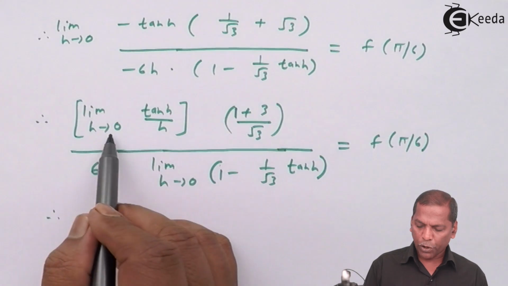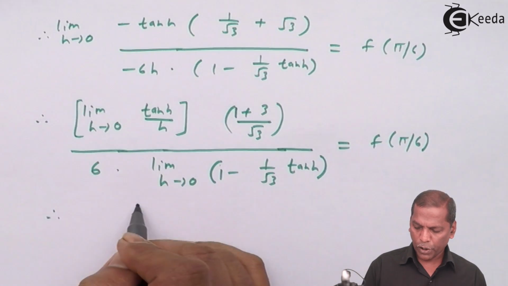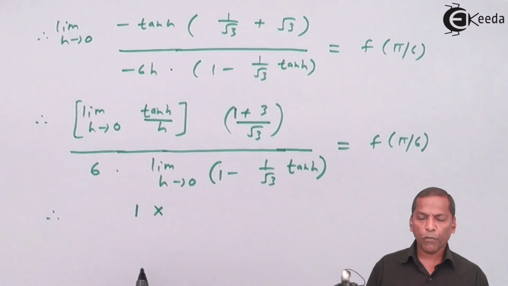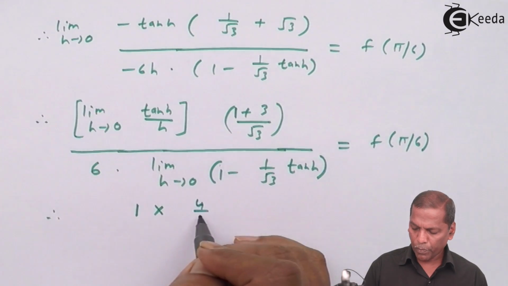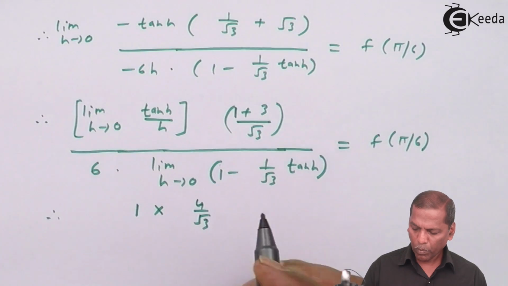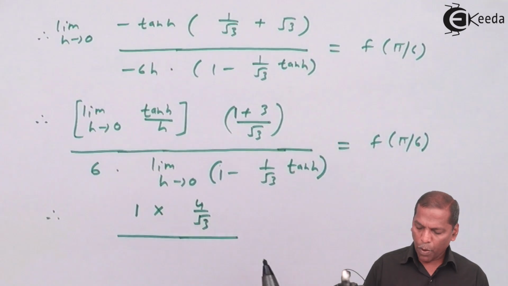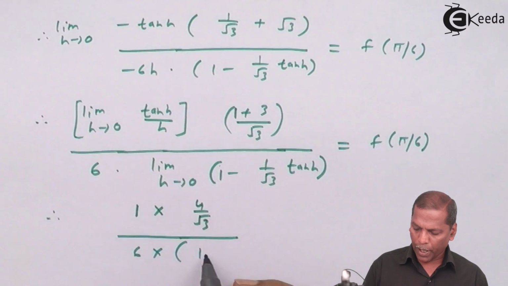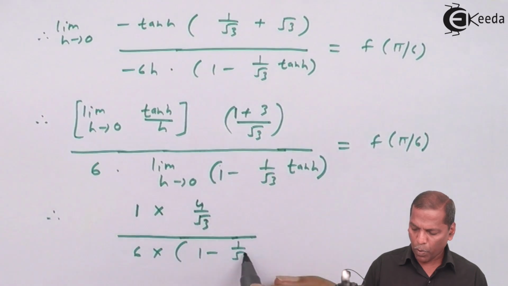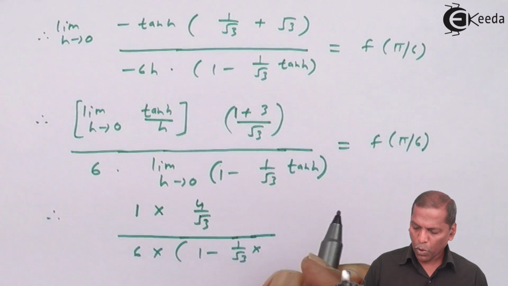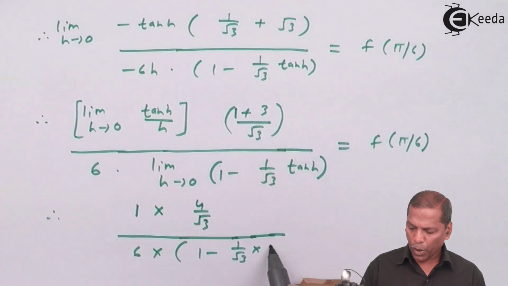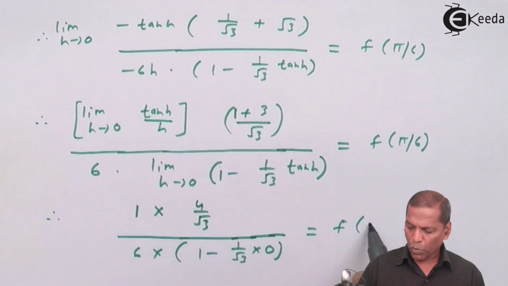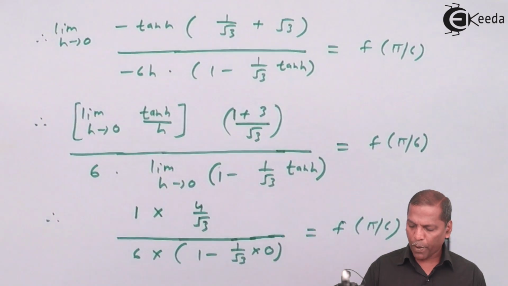Therefore, now limit h tends to 0 tan h upon h, that gives 1 into 1 plus 3, 4 upon root 3 upon 6 into bracket 1 minus 1 by root 3 into, now tan 0 gives us 0, and that is equal to f of pi by 6.